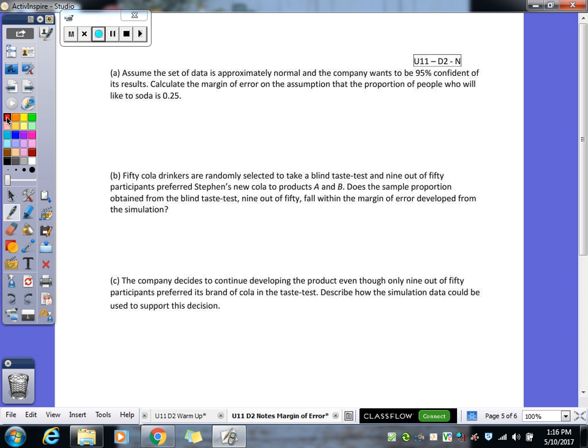Calculate the margin of error on the assumption that the proportion of people who like the soda is 25%, or 0.25. Do we actually need to know that to get our margin of error? No. What we need for our margin of error is our standard deviation, which, if we look at our graph on the last page, what was our standard deviation?